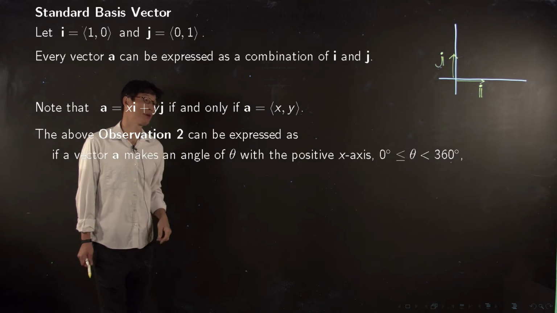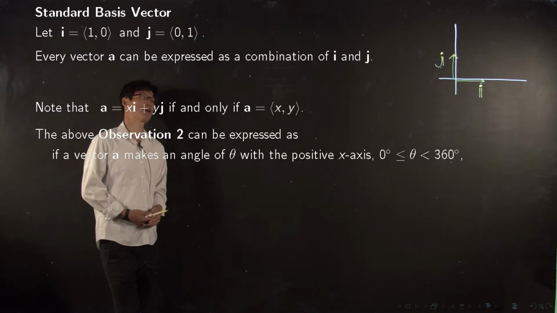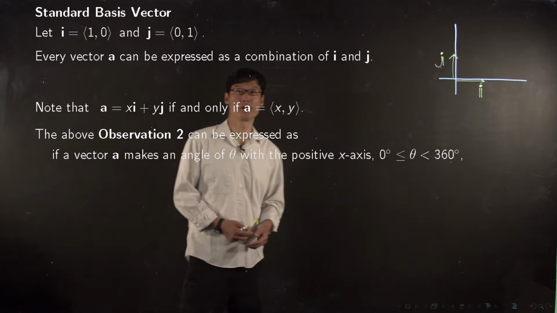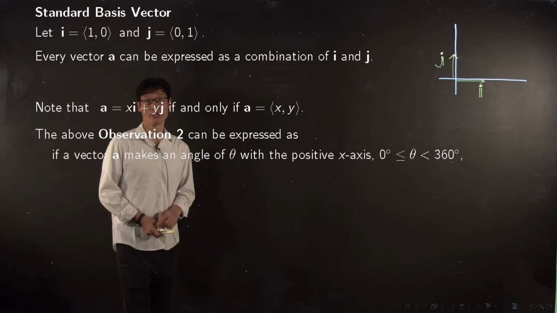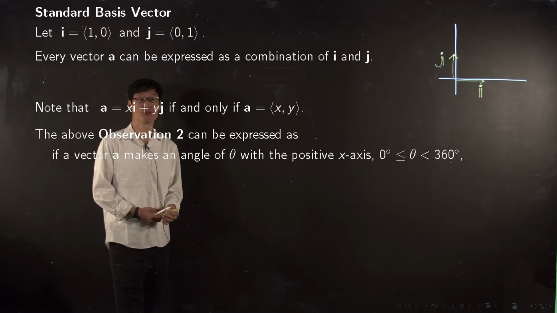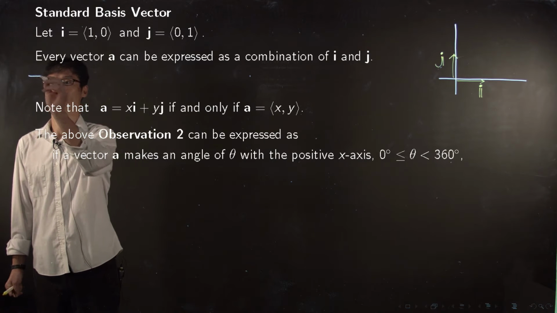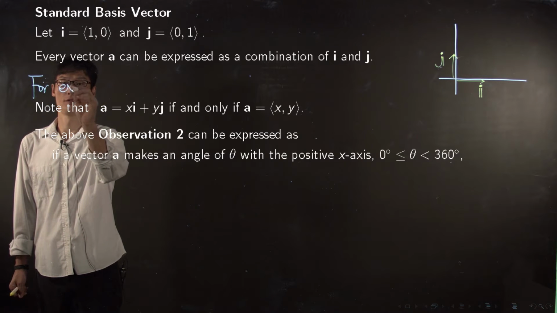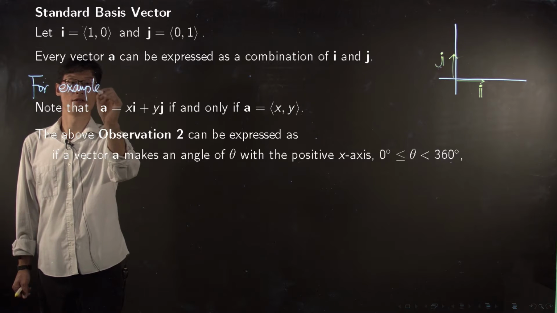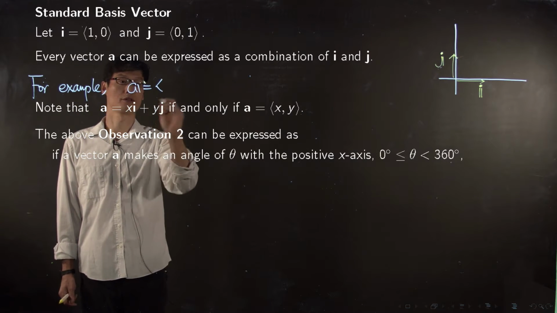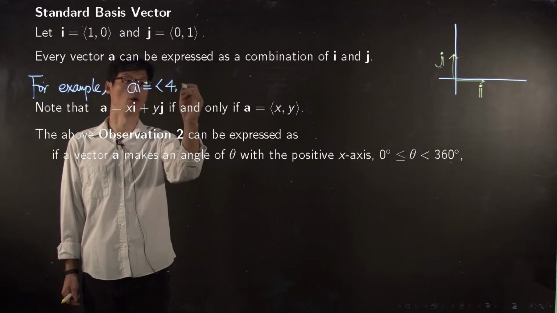The reason we care about the standard basis vectors I and J is that every vector can be expressed as a combination of those two vectors. So for example, say a vector has coordinates (4, 3).